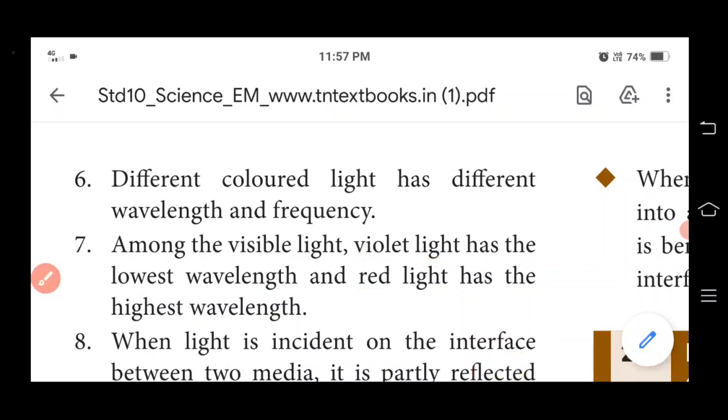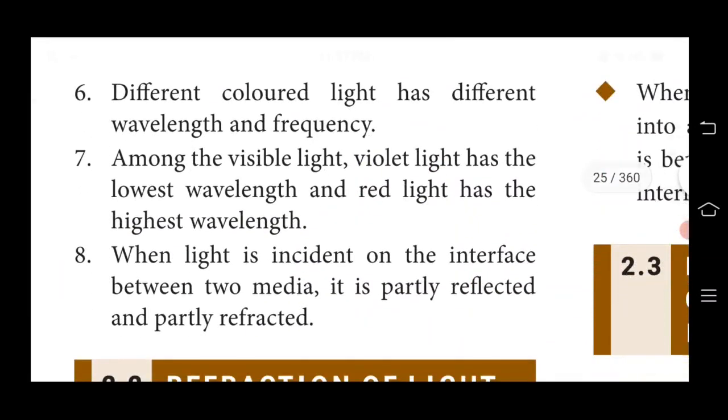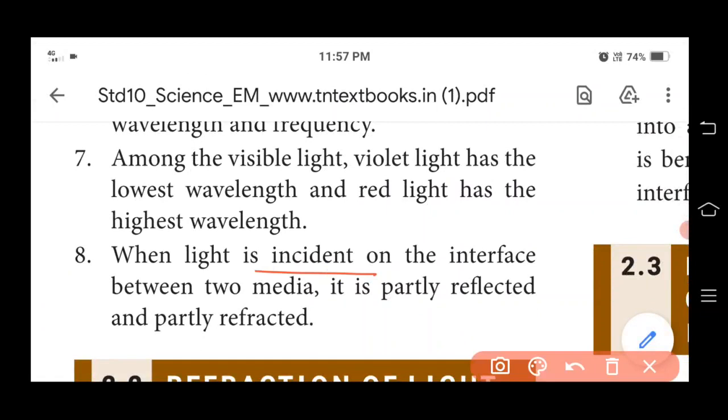And then when light is incident on the interface between two media, it is partially reflected and partially refracted. So this is an important topic which we saw in our last online class.